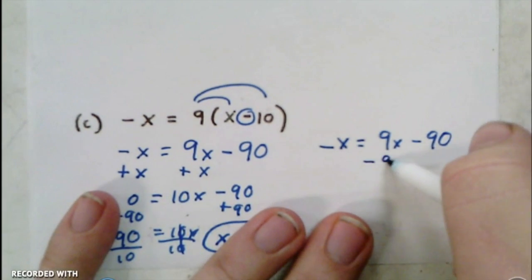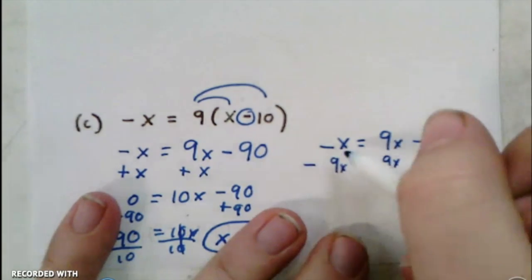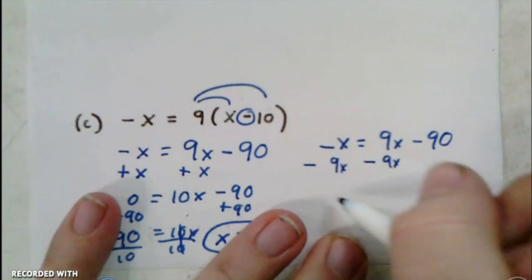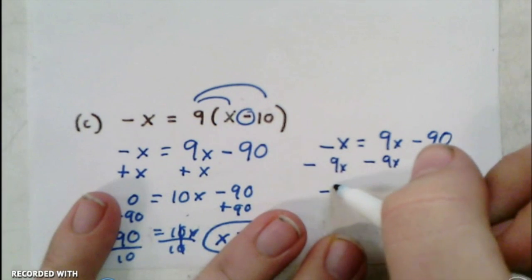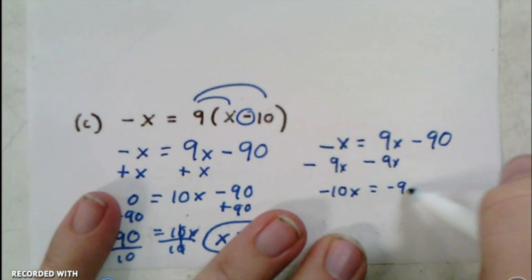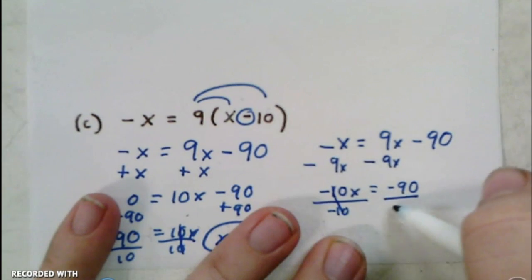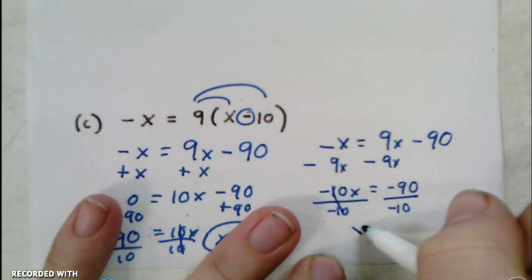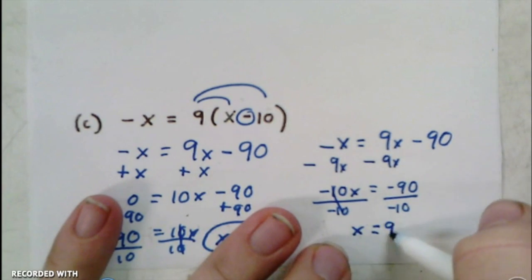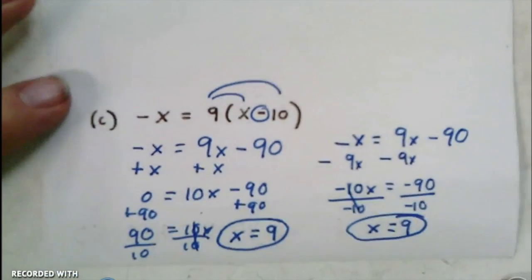I'm going to subtract 9x, subtract 9x. Negative x minus 9x is going to give us negative 10x equals negative 90. Divide by negative 10, divide by negative 10, and I get x equals 9. See, either way that you do it, you'll get the same answer.